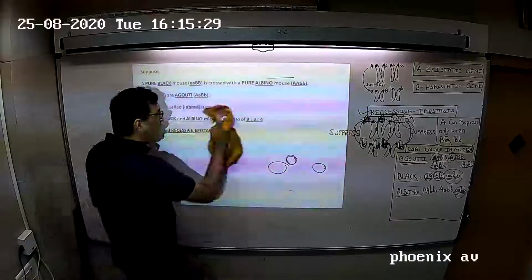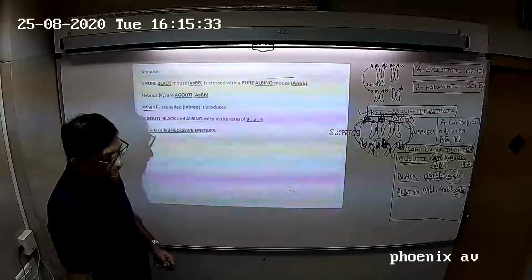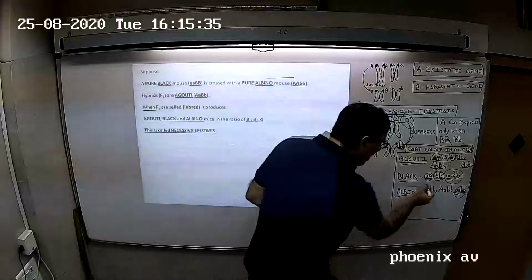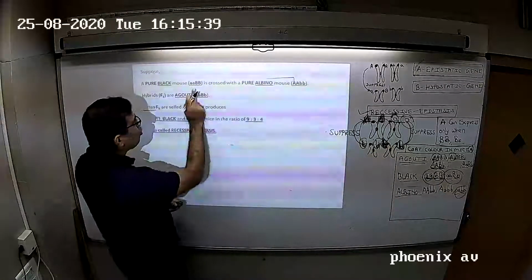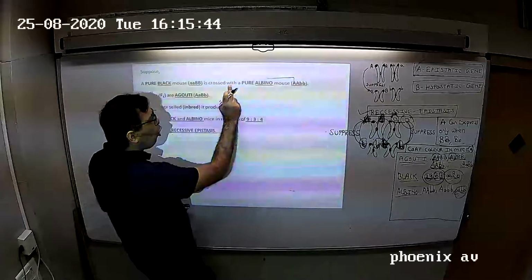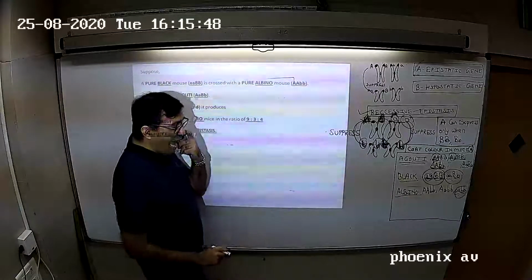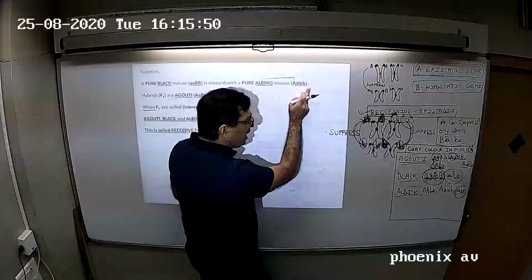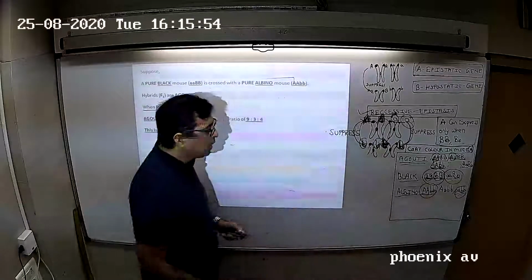Suppose a pure black mouse. Which combination is a black mouse? Pure black is small a, capital B. Small a, capital B is a pure black, crossed with a pure albino: capital A, small b.